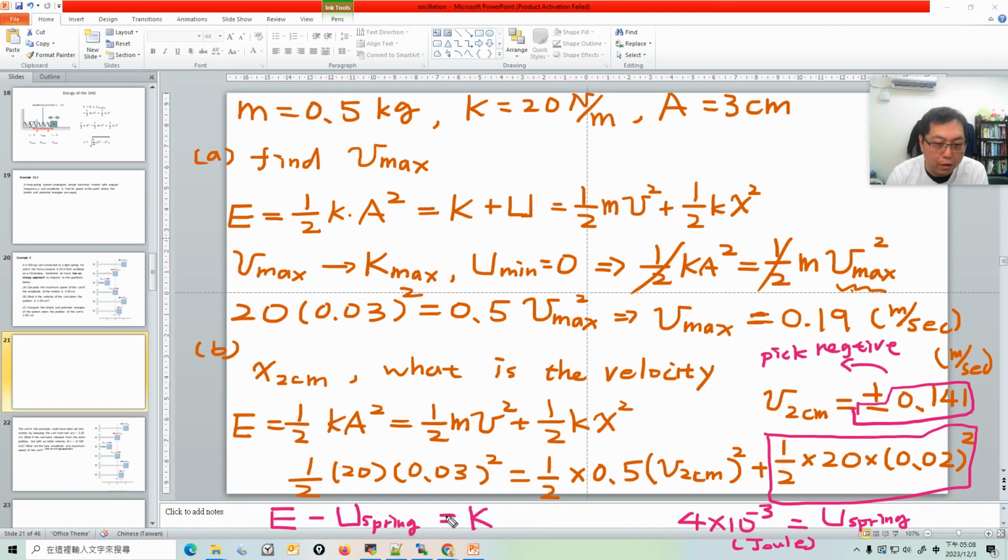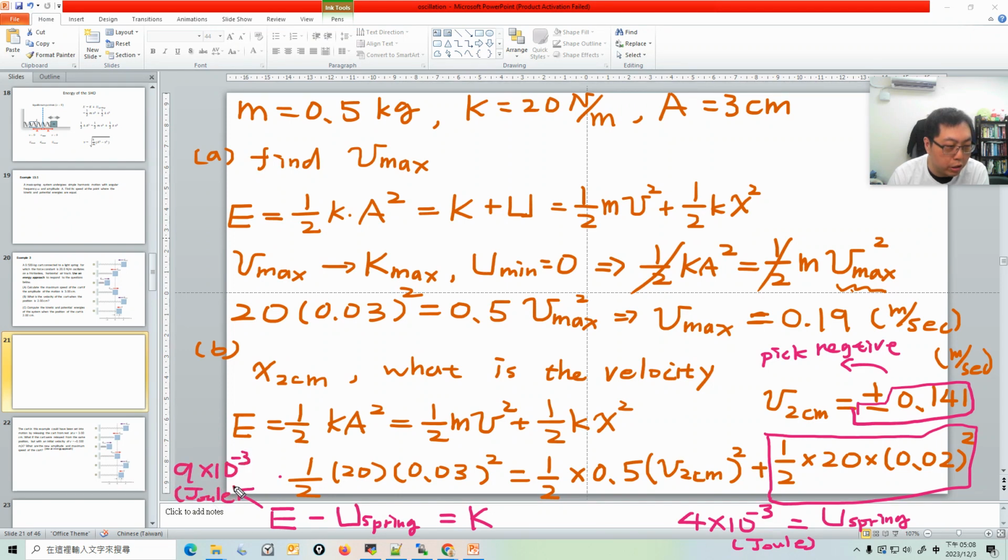The spring potential energy is 4 times 10 to the power of minus 3 joule. The total energy is 1/2 k A squared, so 0.03 squared times 20 divided by 2, which is 9 times 10 to the power of minus 3 joule.